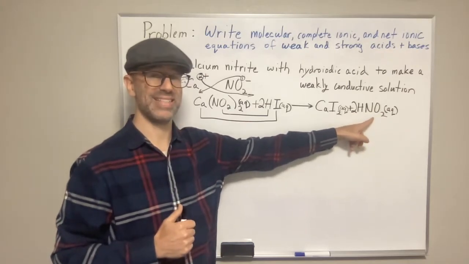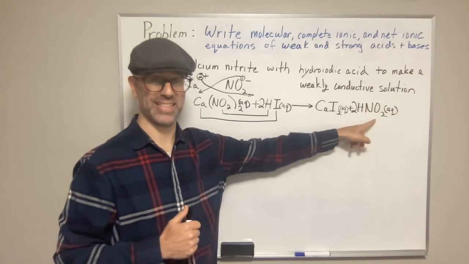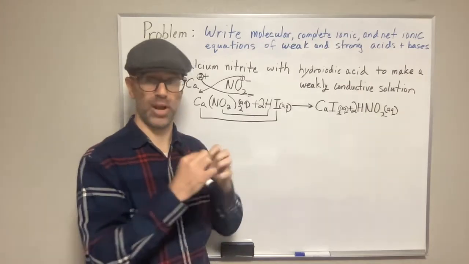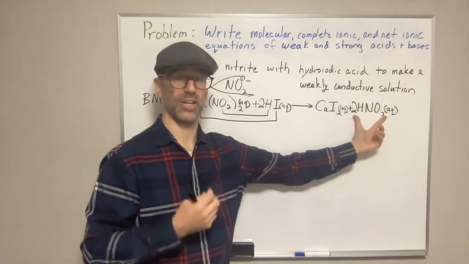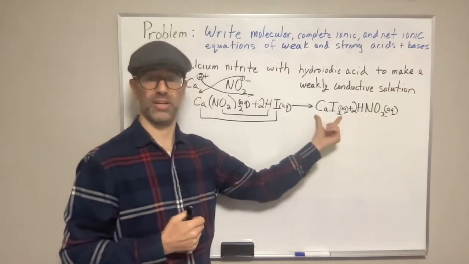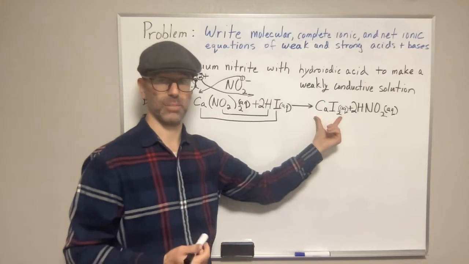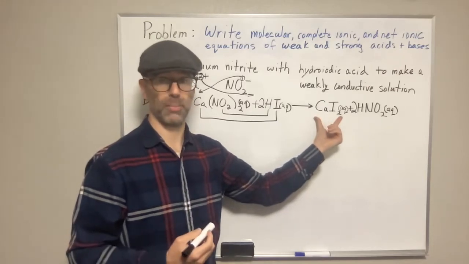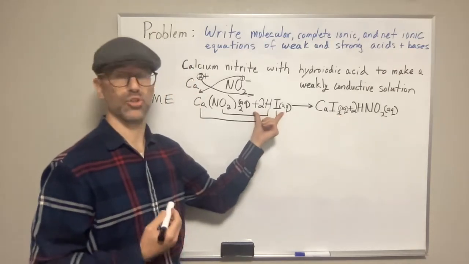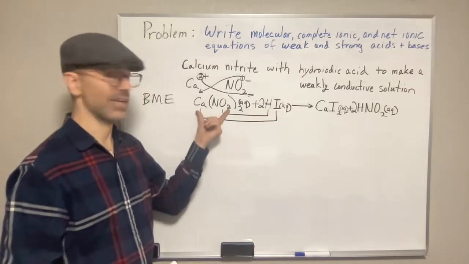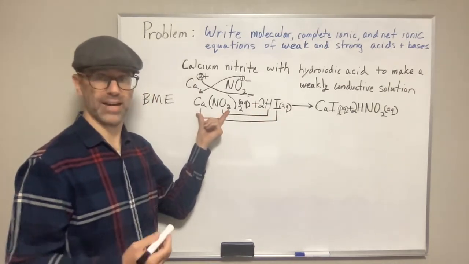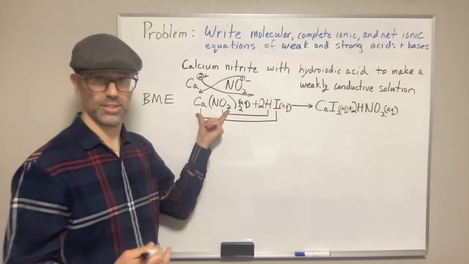It's going to stay together as it is. But this is an ionic substance, so that's going to separate into its ions. This is a strong acid, that's going to completely separate into its ions. And this again is a soluble ionic substance, that's going to separate into its ions.